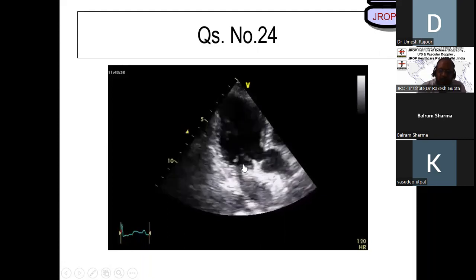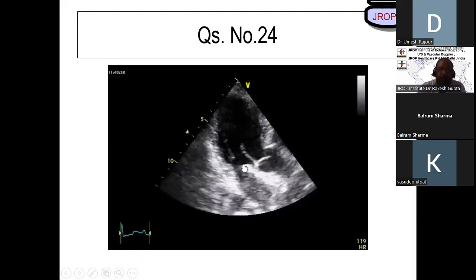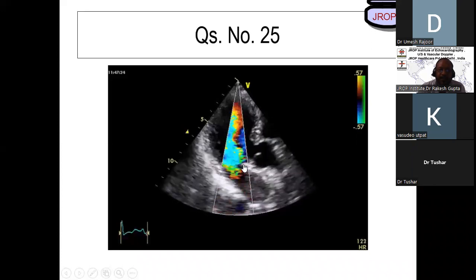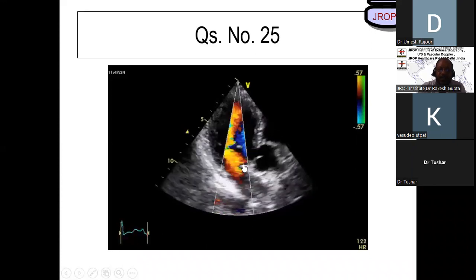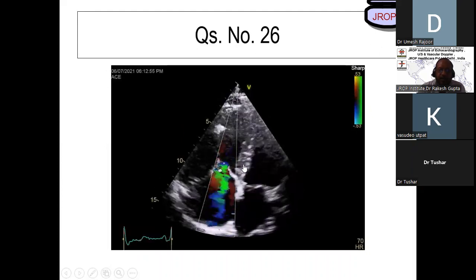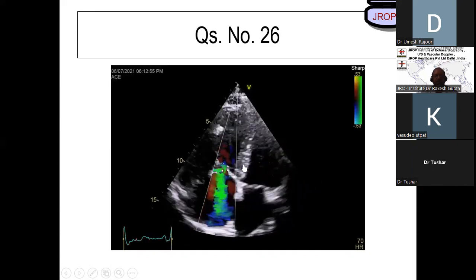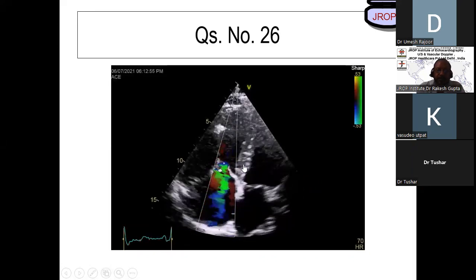Then we have Dr. Tushar. Yes, sir. You scored 1. Now you got a chance to score more. Ready? Yes. So this is the same image, like there is no obstruction to the LA. All right. Tell me what is abnormal in this patient.